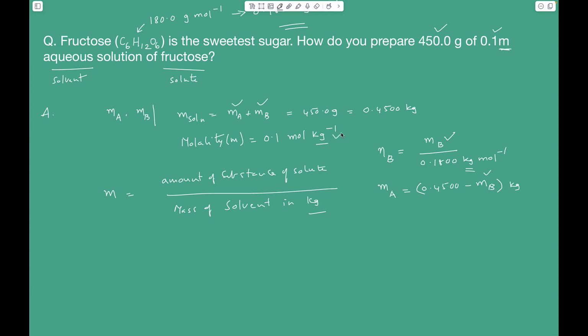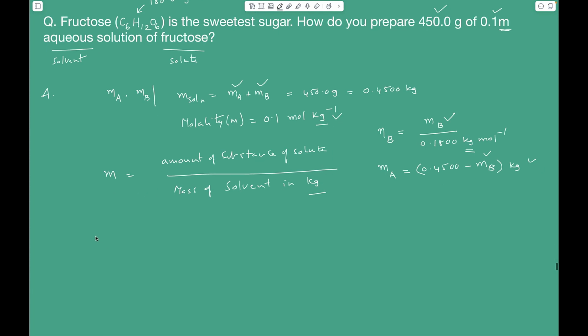Now substitute these three values in this expression. So 0.1 mole per kilogram is equal to MB over 0.1800 kilogram per mole over 0.4500 minus MB.